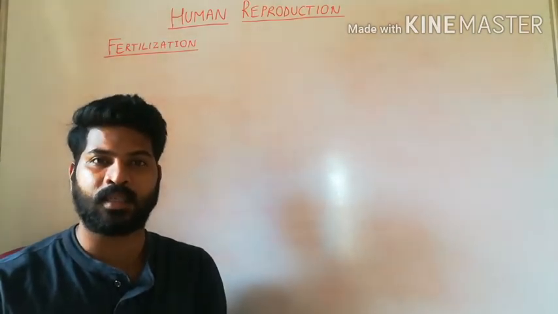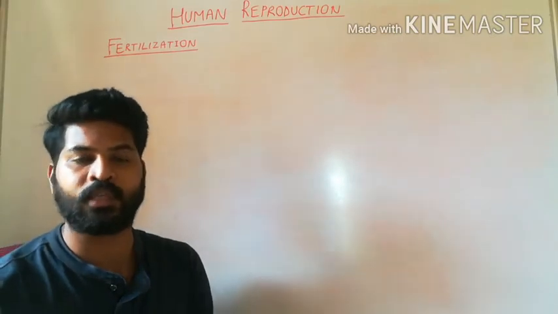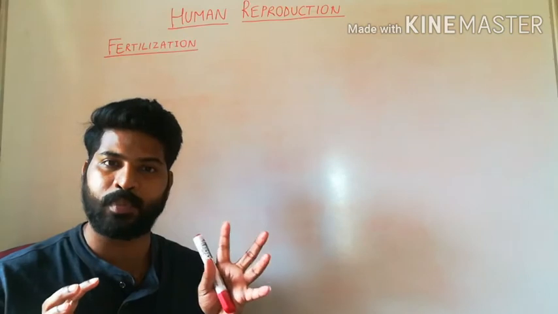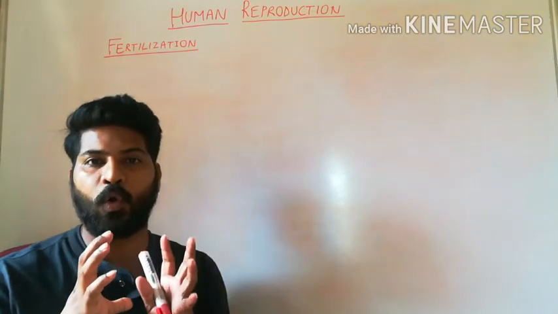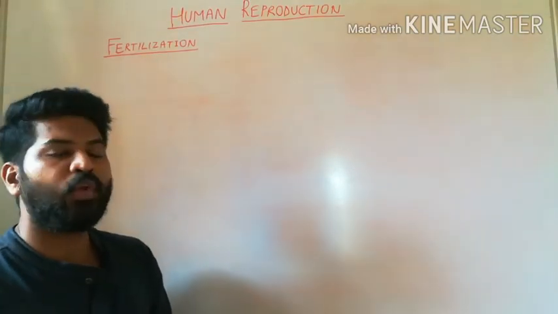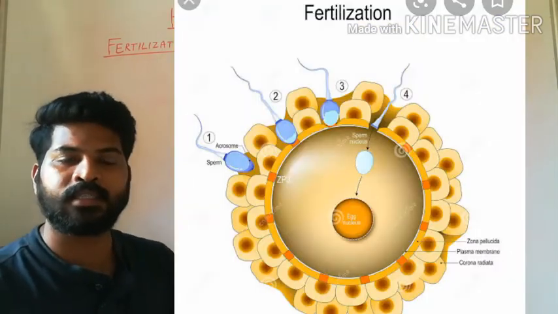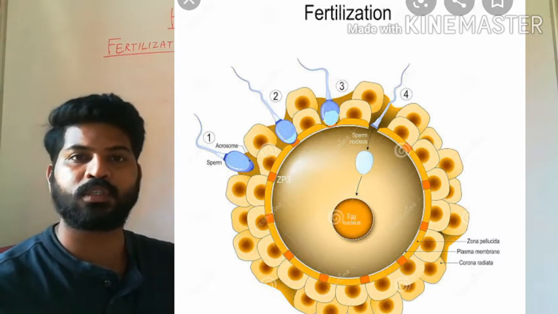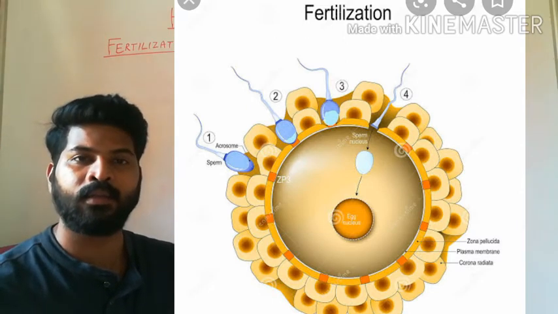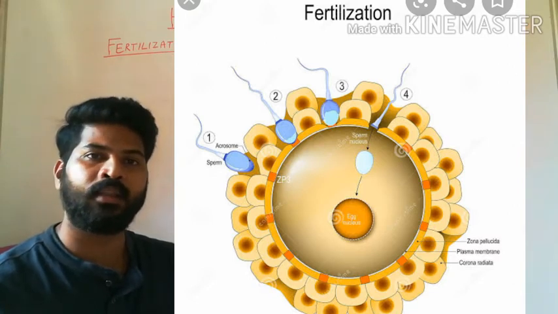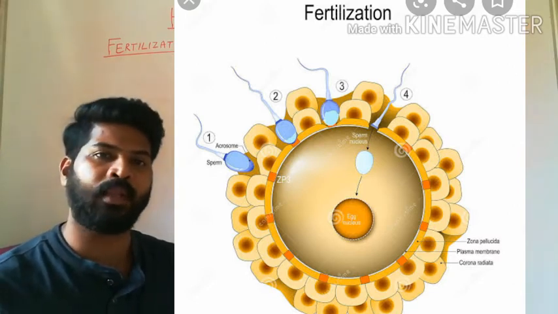The next step is fertilization. It is simply the fusion of the sperm with the ovum. Now, the ovum, if you look at its diagram, has three membranal coverings: the outermost corona radiata, the inner zona pellucida, and the innermost plasma membrane.